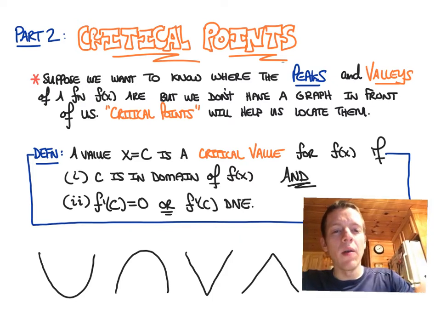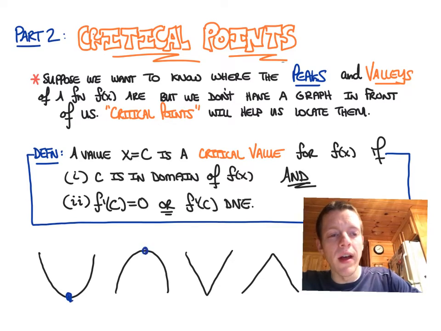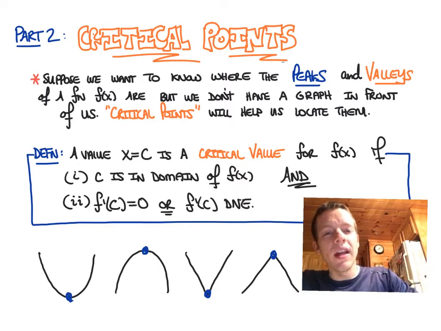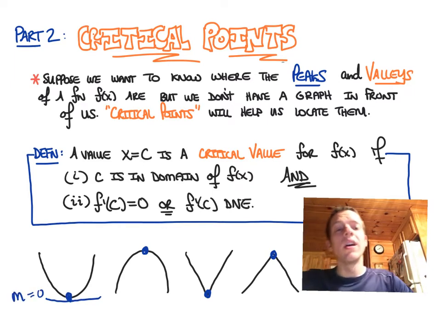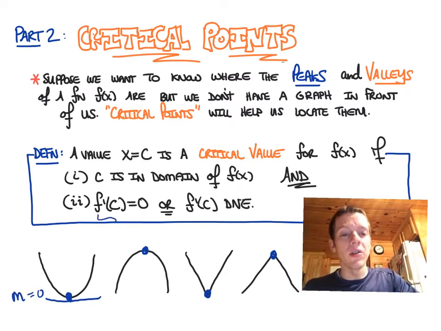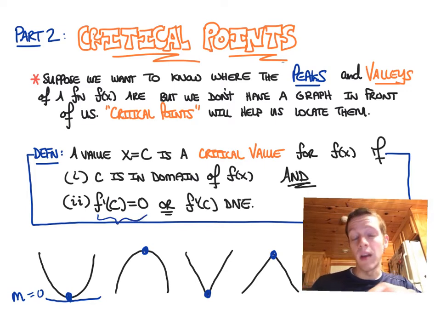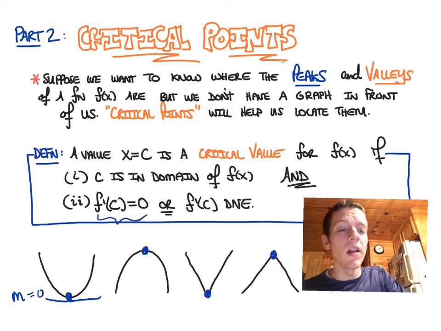Now, if I zoom in on the point where I have either the peak or the valley, this would be your point c. Notice that in the first situation, the tangent line has a slope of 0. So m equals 0 shows us that the derivative actually is 0 at that point, and there is a relative extrema there. Notice the same with this peak.